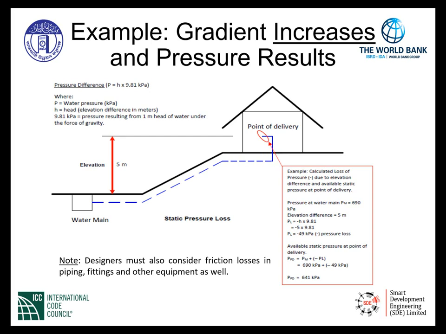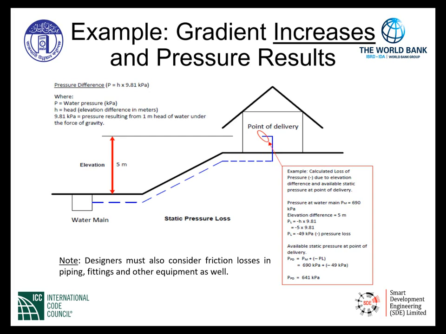P sub L then equals negative H times 9.81. We understand by increasing in elevation, we will have a pressure loss. Therefore, the convention in an upward direction, increasing elevation, is negative. So we use a negative symbol before the H, which is our head.